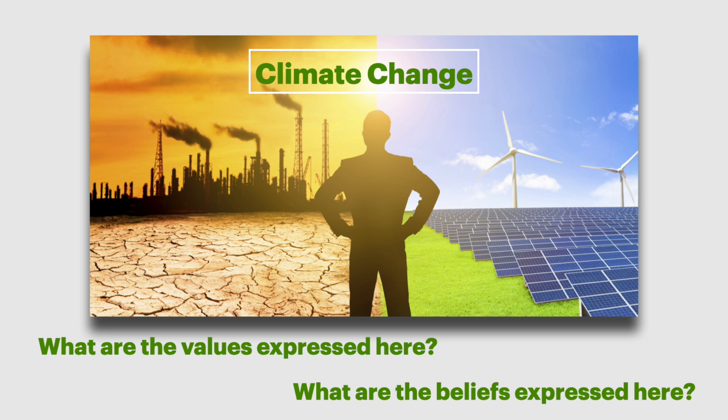The belief on the right-hand side might be more in line with environmental beliefs and protecting the planet and trying to move away from coal and gas, with the belief that those are the culprits to climate change. Again, depending on what value system and belief system you are operating under, that is going to support one side of the climate issue over the other.